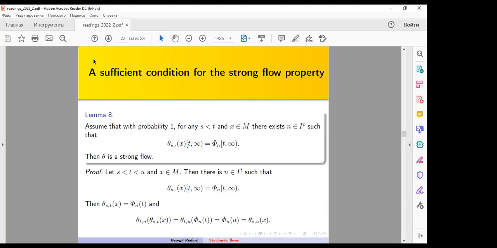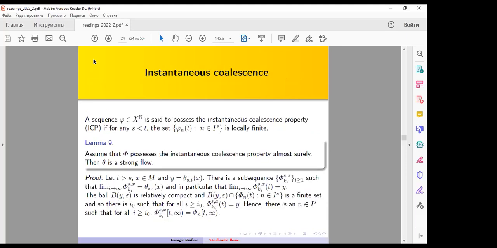So it means that trajectories of theta immediately coalesce with the trajectories of the skeleton. Then it will be a strong flow because we know that theta preserves trajectories of the skeleton.